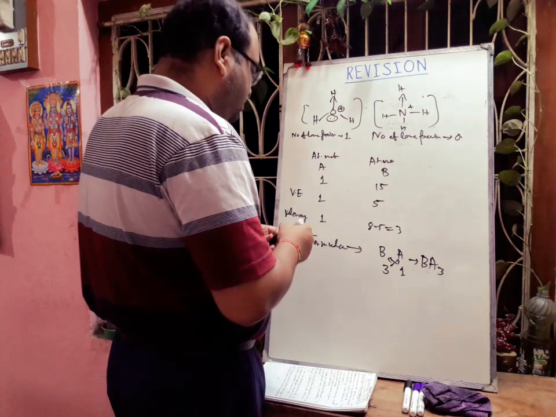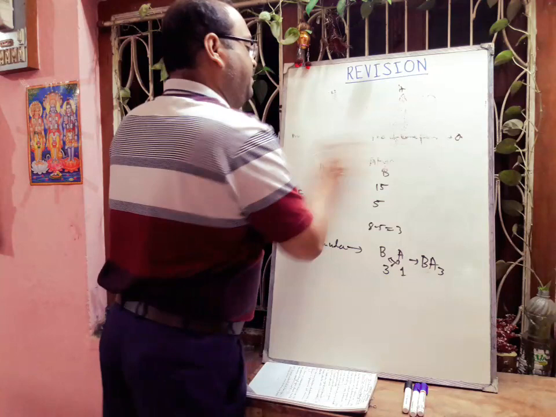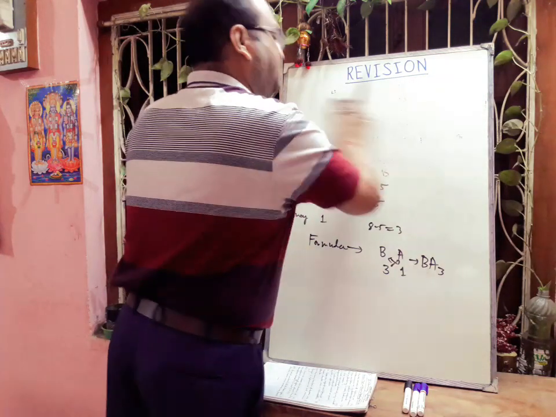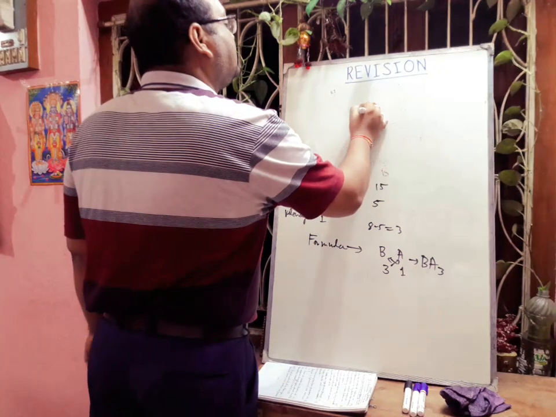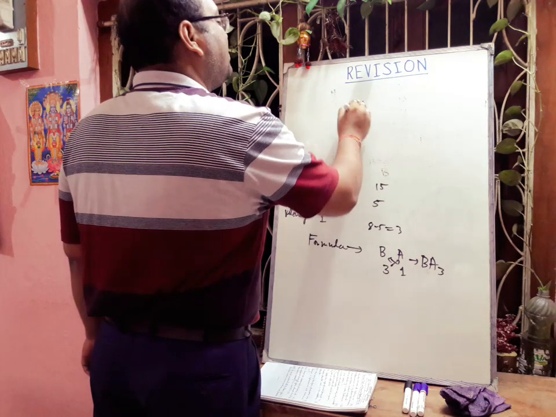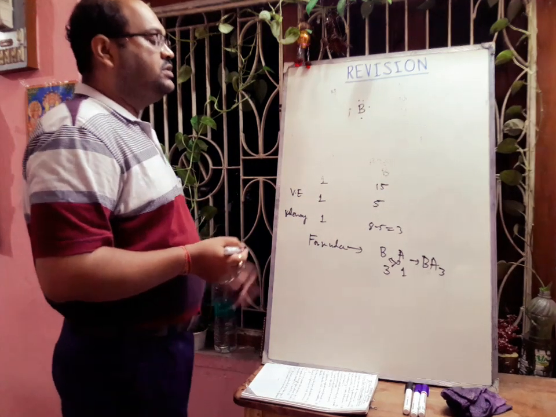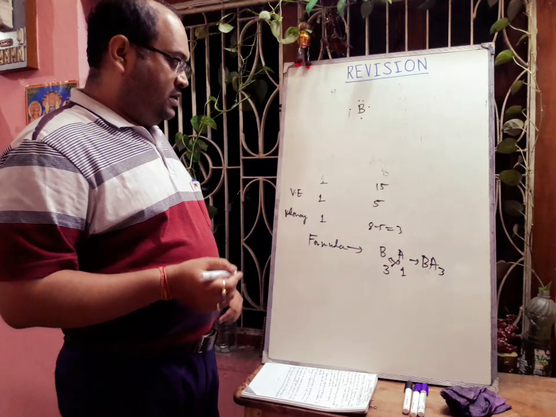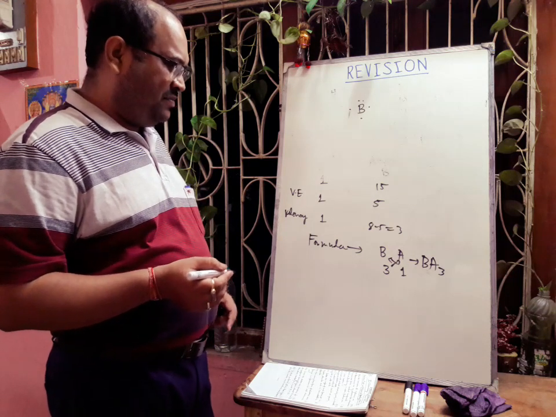In the electron dot structure, B has 5 valence electrons, so definitely it is a non-metal, a group 15 element.